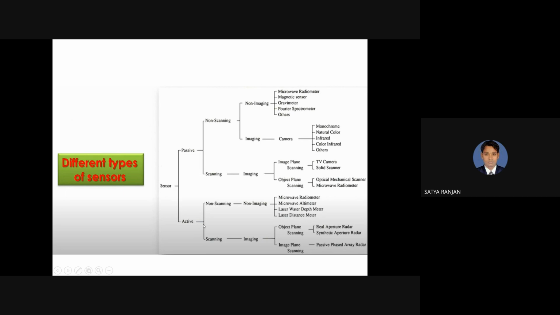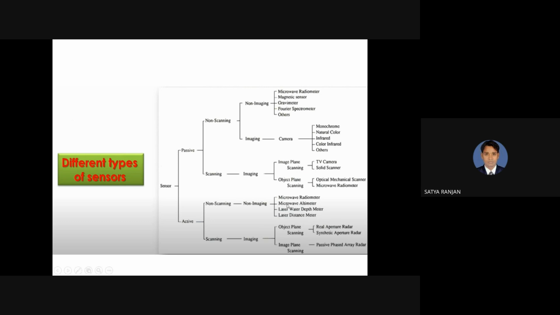Then the active sensor is also non-scanning and scanning. For non-scanning, non-imaging, there are the microwave radiometer, microwave altimeter, laser water depth meter, and laser distance meter. These give information about the different objects in the format of depth or spectral reflectance.